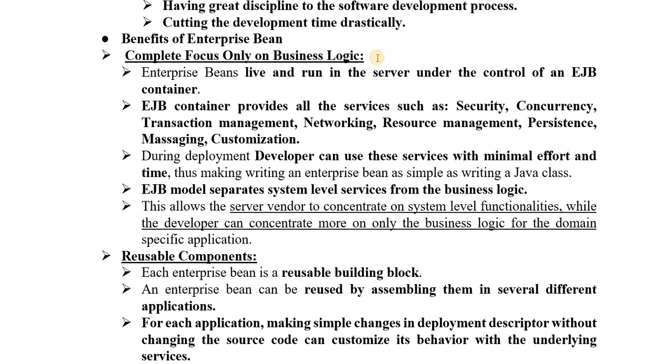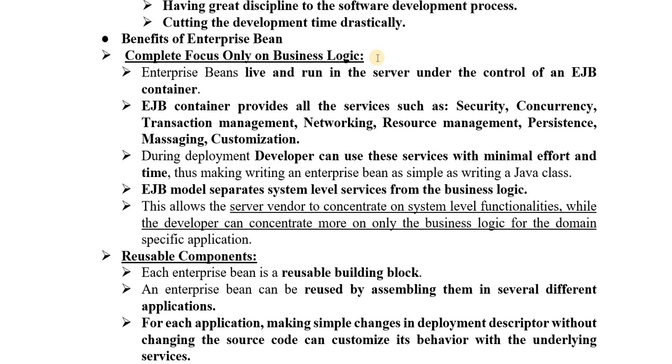Now when you are writing this, you have to write the main point and then you have to explain that point. So the first main point is, as I already told you, we get to focus completely on the business logic. So whatever EJBs you will develop, whatever enterprise beans you will develop, they live and run in the server under the control of EJB container.